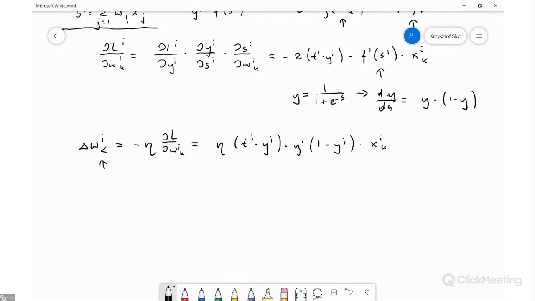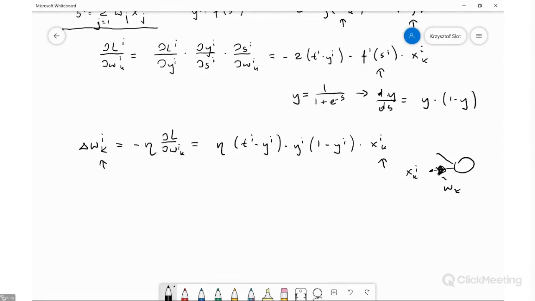If I would like to make an update to all weights, because observe that for the kth weight, the only value that is specific to k is a value of the input at this particular input. So if I have this neuron, and here is my value xki, and here is my weight wk.